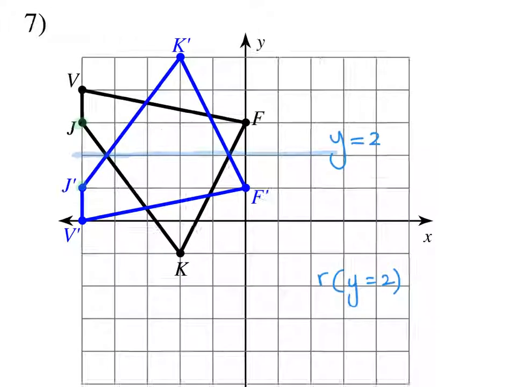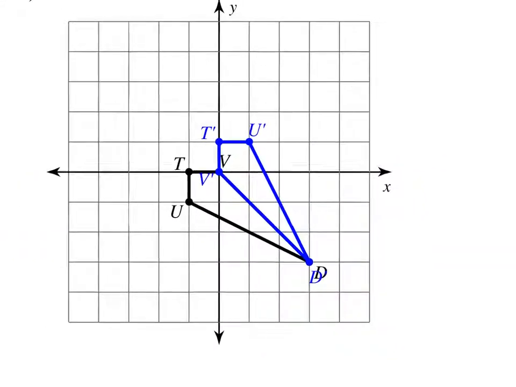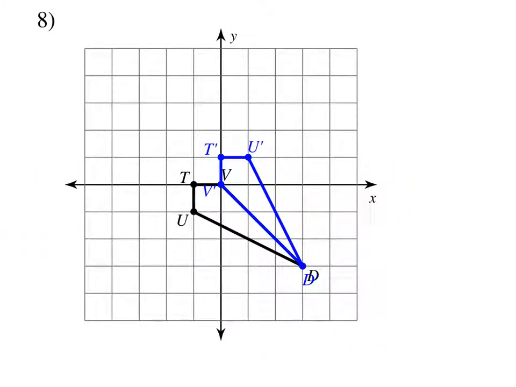Now let's move on to 8. This definitely looked like a slanted one, and I see it is this line in the middle. So that is y equals negative x. Because you see how the part of the blue and the part of the black are all on the same line. So that is the line of reflection.